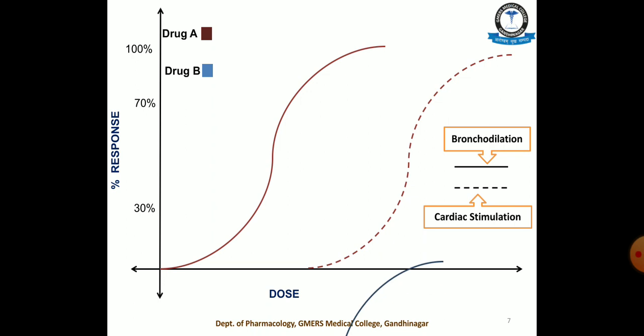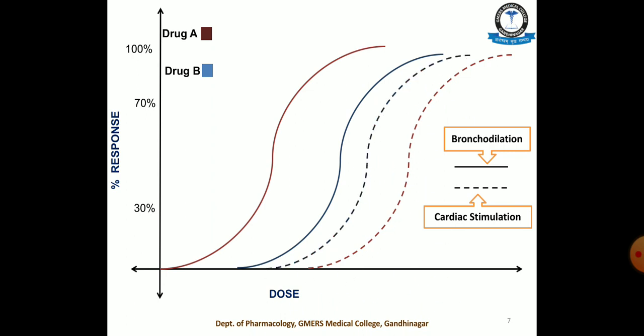Now the drug B, same antiasthmatic drug, it produces the bronchodilation. This is the dose response curve for bronchodilation, and this is the dose response curve for cardiac stimulation. Here you can see that both these dose response curves go hand in hand, in very close proximity. It means that with the same dose you will get the bronchodilation and you will get the cardiac stimulation. So the therapeutic effect is observed only and only if you can accept the adverse effect.